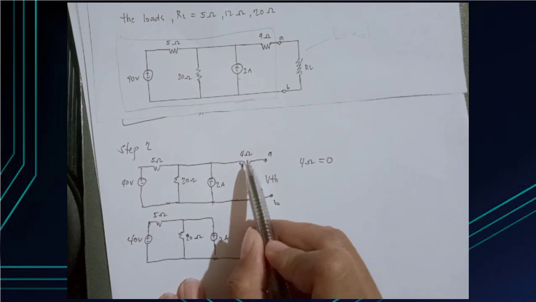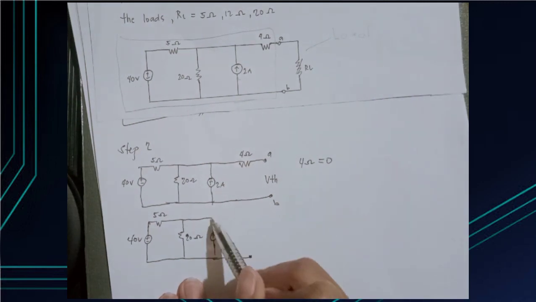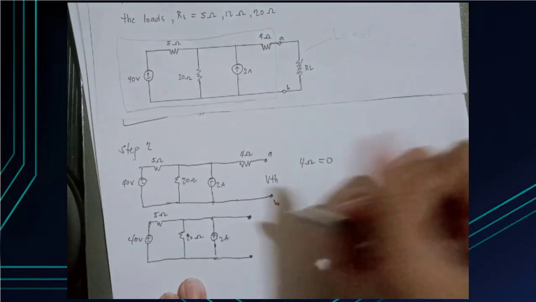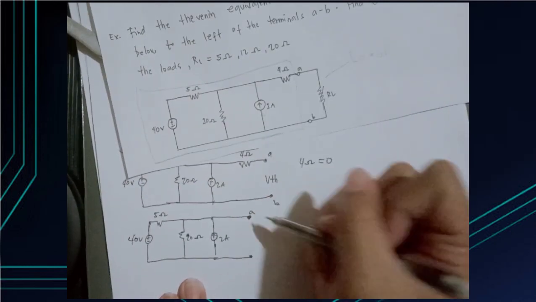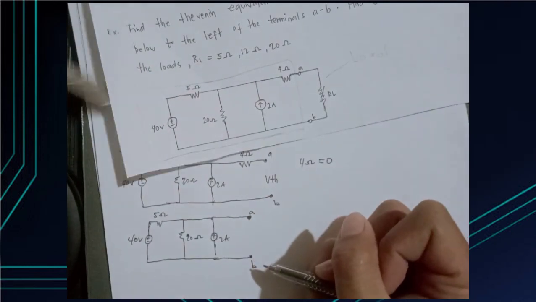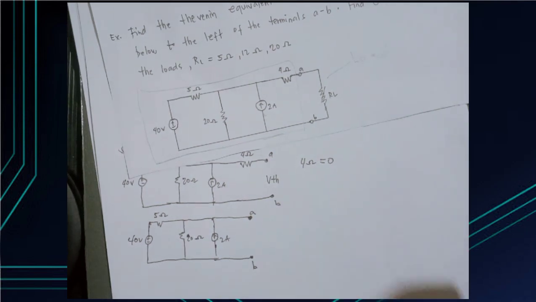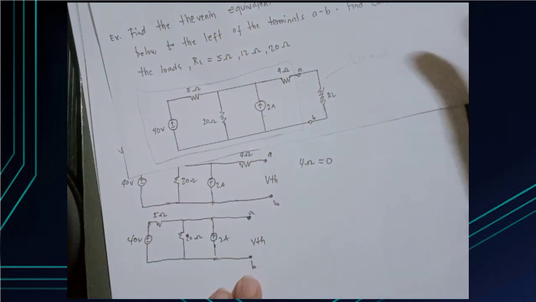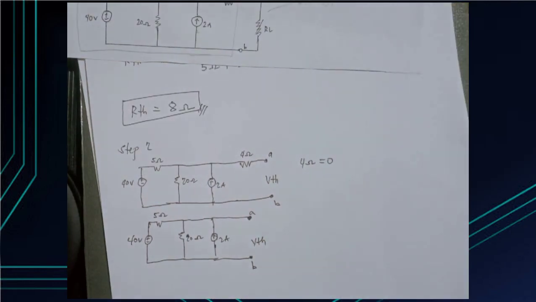So dito, since 0 naman na yung 4, magiging wire na lang siya. So, ito yung A, ito yung B. So, ganyan na lang siya. So, ito yung VTH natin. Okay?